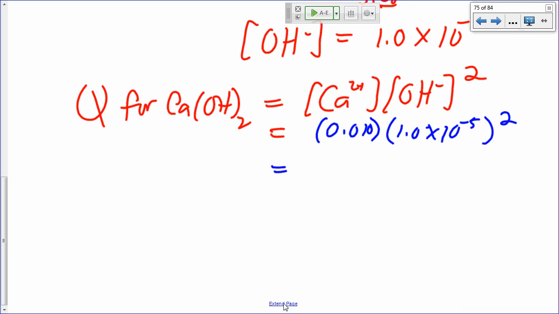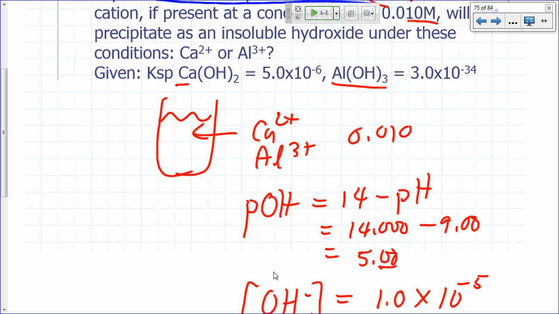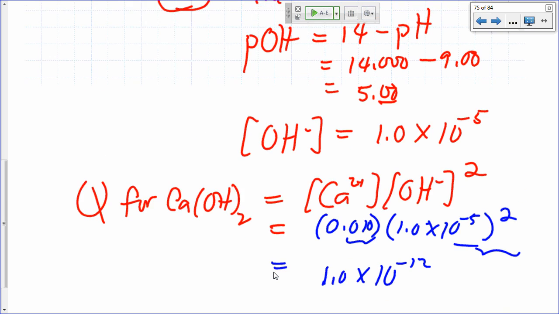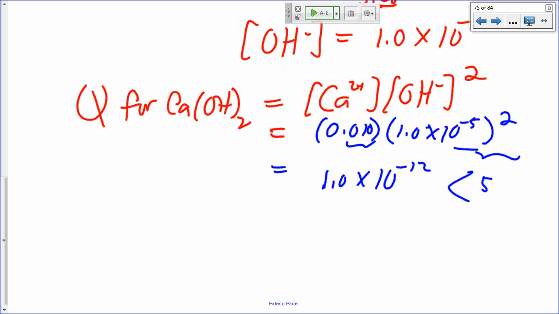So that gives you how much? It's 10 to the negative 10, and that's 10 to the negative 2, so that's 1.0 times 10 to the negative 12. How does that compare to KSP? What's the KSP of calcium hydroxide? 5 times 10 to the negative 6. Okay, so that's less than 5 times 10 to the negative 6. It's less than the KSP. So calcium hydroxide will not precipitate.